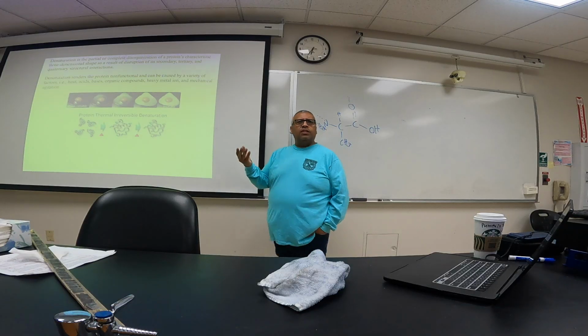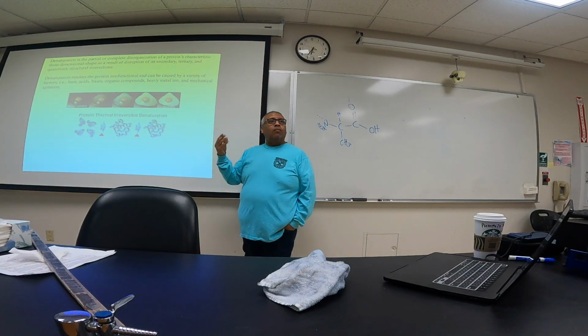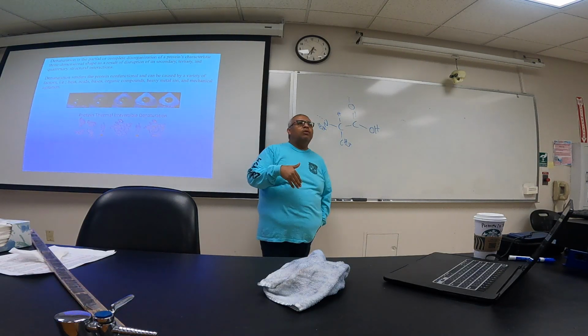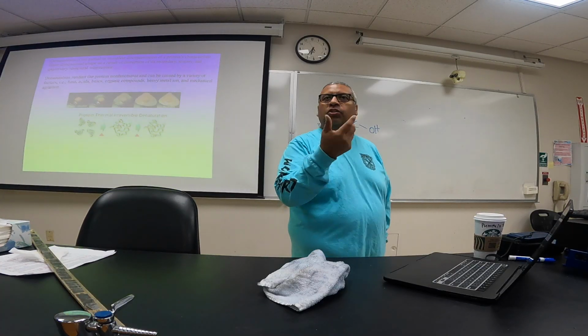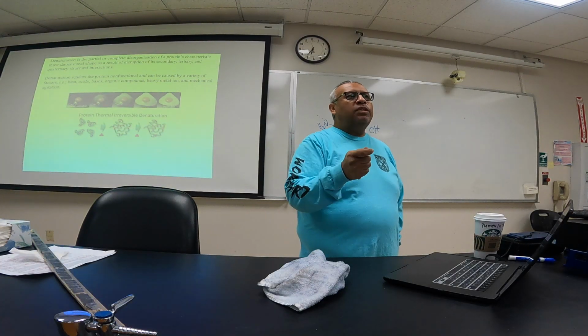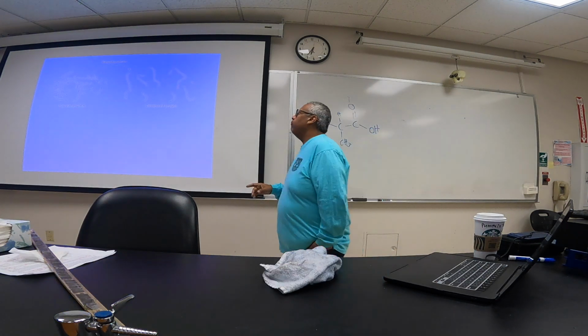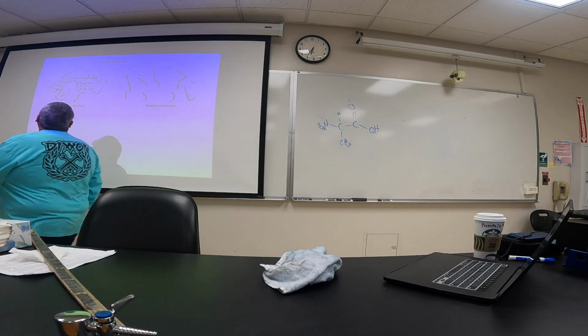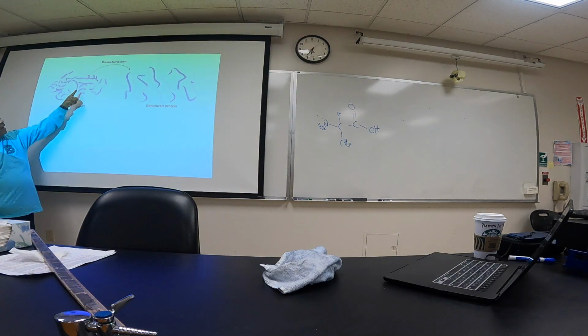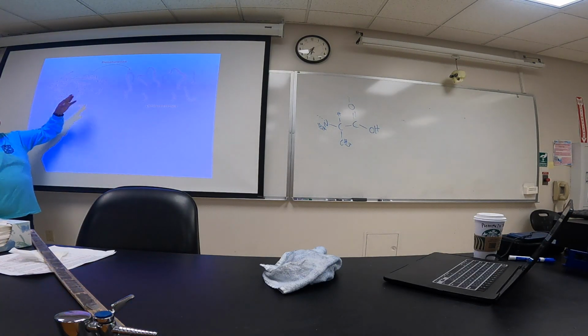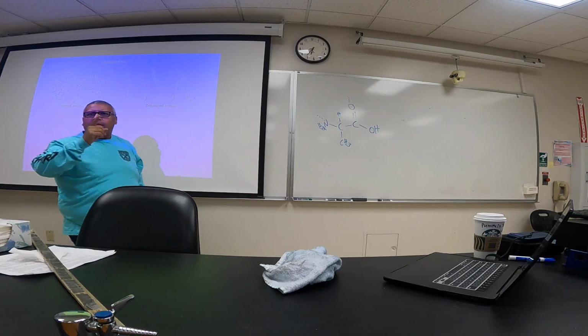Thermal denaturation is not reversible. Once you cook an egg, once you cook a steak, you're not going to uncook that steak or egg somehow, right? Once it's cooked, it's cooked. All of those proteins have been denatured. What's holding this protein together is those hydrogen bonds. The hydrogen bonds keep that helical shape.